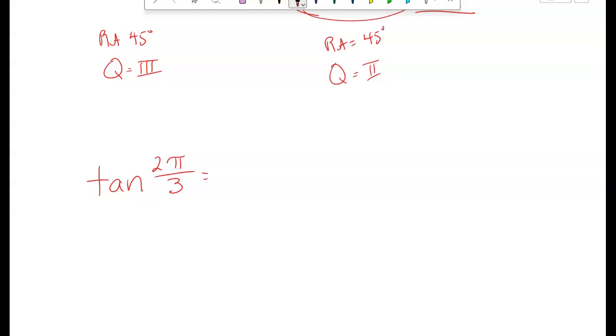Do you want me to look? Are you fine? You got it, right? No, be careful. What's your reference angle? Almost. What quadrant are you in?